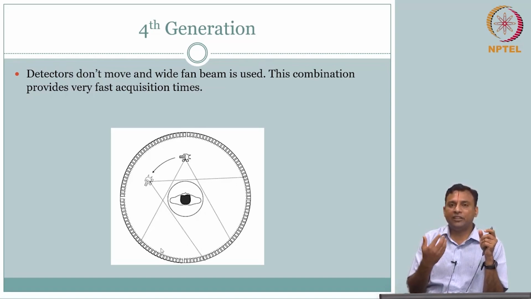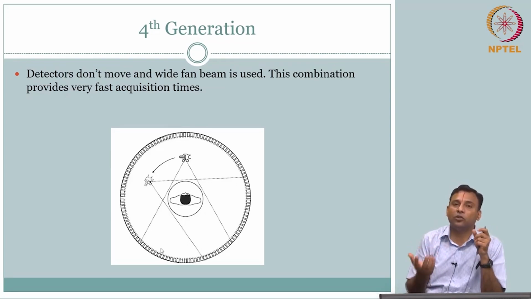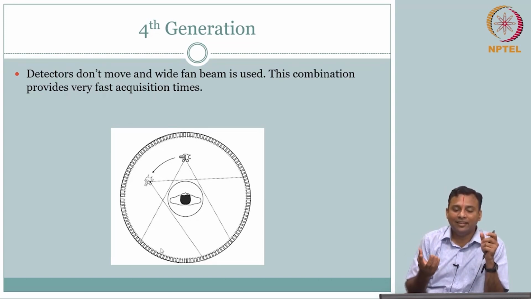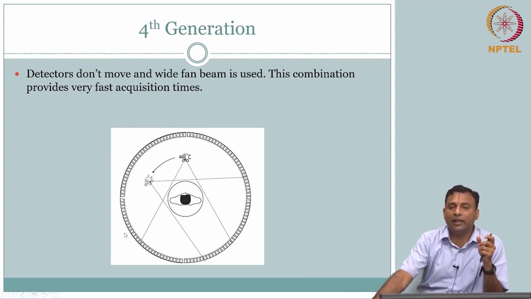So your detector efficiency is increased, but then Compton scattering is going to be there. So everything said and done, in fourth generation you are still able to get image quality comparable to your previous generation, with not so significant an increase in exposure, but a very significant decrease in acquisition time.